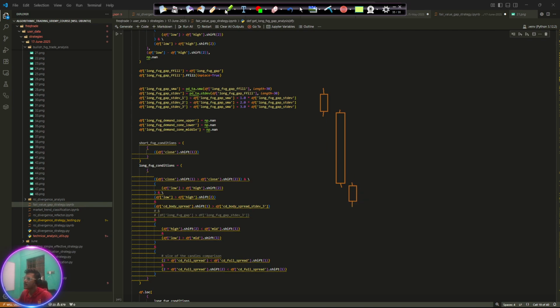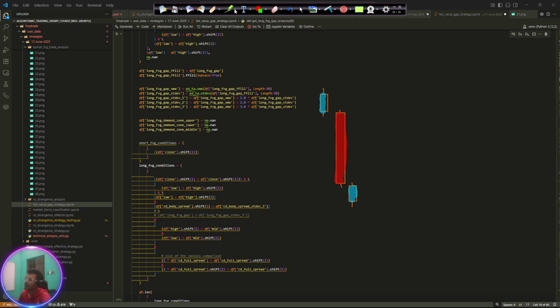And I'm gonna put the color here red. This will be a red candle, and this could be green or red. This could be green or red.